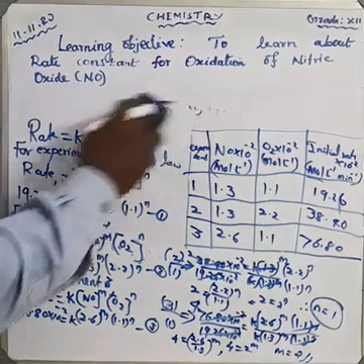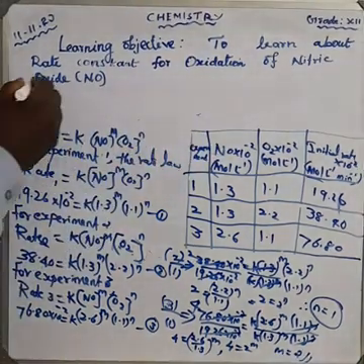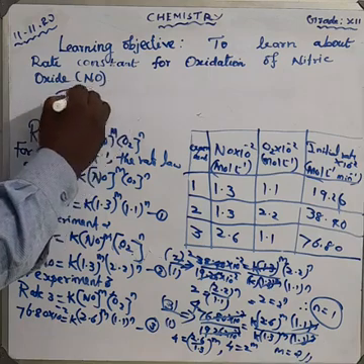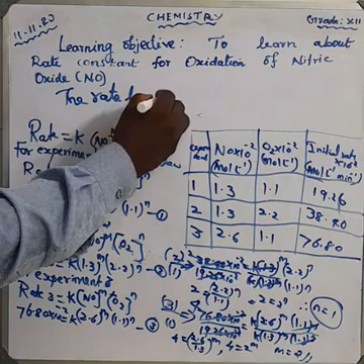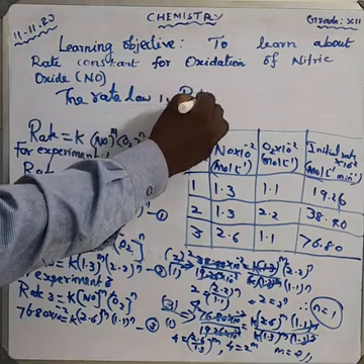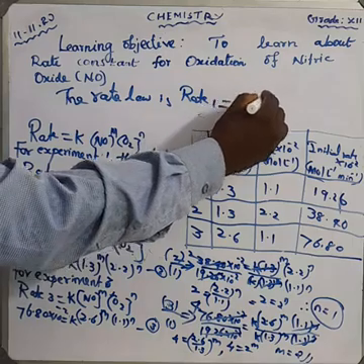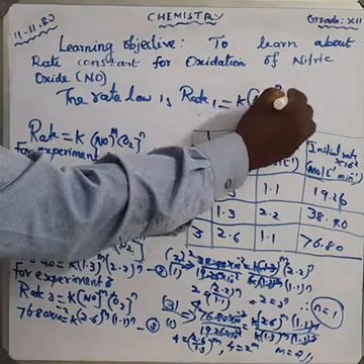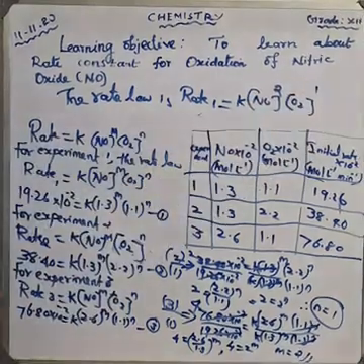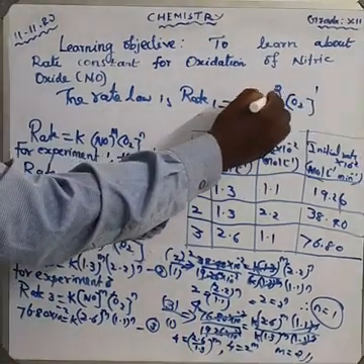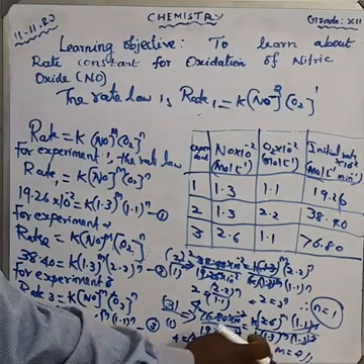How can you take the overall reaction value? The rate law is rate equal to k into [NO]^2 [O2]^1. Why does NO become 2?